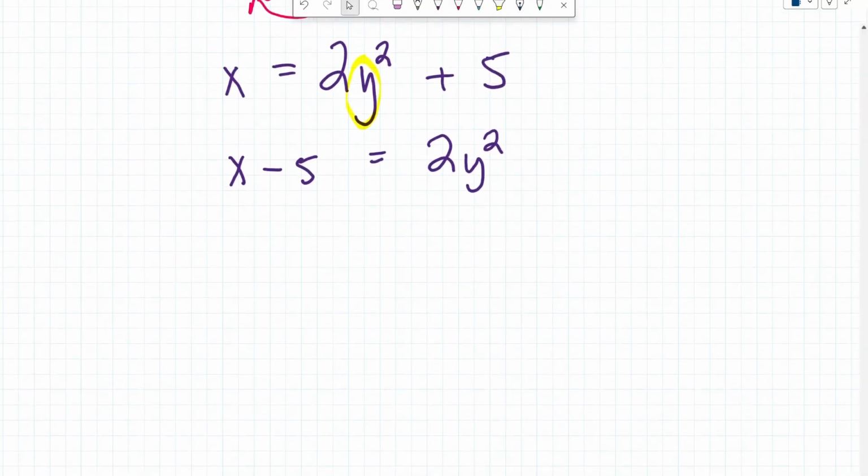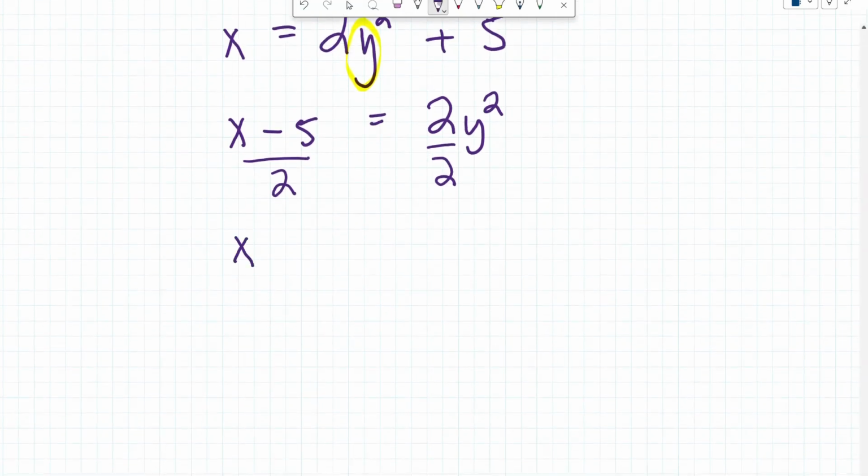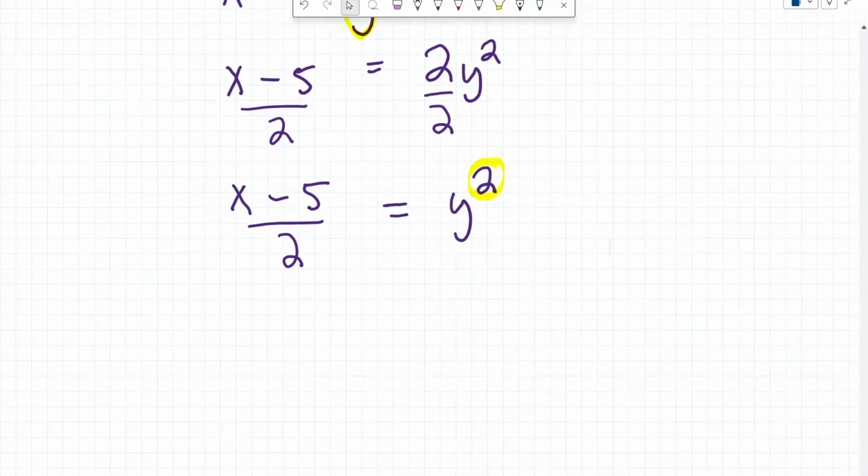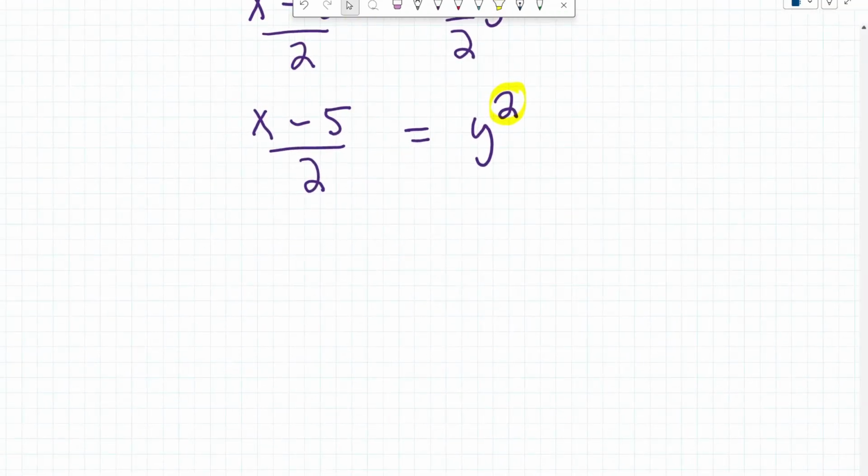From here, we need to divide both sides of our equation by 2. This gives us (x minus 5) over 2 equals y squared. So how can we get rid of this square over here? The inverse operation to square is the square root. And it's important that you always take the positive and negative of the square root so that you don't miss any values.